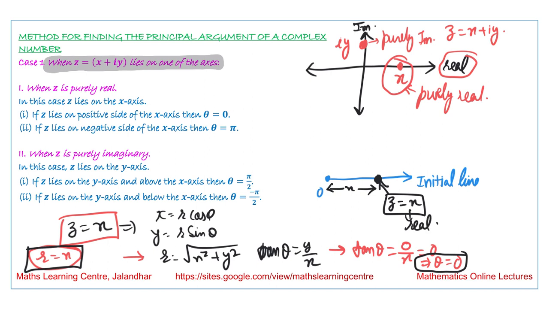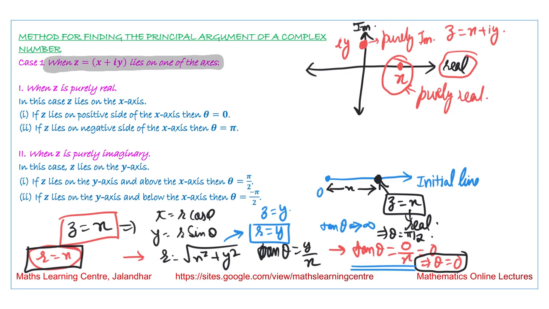Next, suppose I am talking about the number z is equal to iota y. In this case r is equal to y, and when we are talking about tan theta, the value of x we have is 0, so tan theta is approaching infinity. So this means that theta is equal to pi by 2.